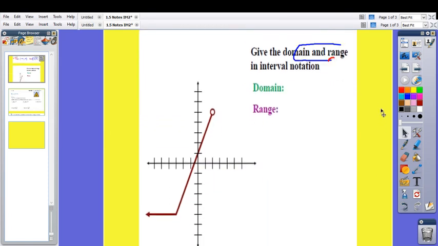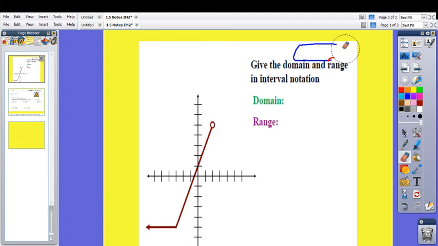Okay, one more. So here we are. This one is asking us to give the domain and range in interval notation. So the domain again are the x values, and these are your x values.